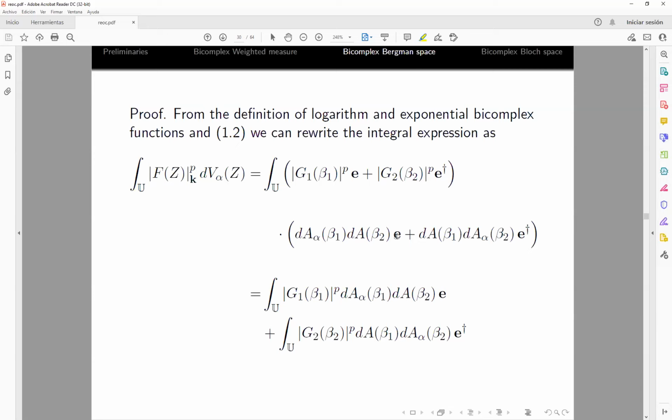It's necessary to recall that E times E is equal to E and E times E dagger is equal to 0. For this reason, when we make this multiplication, we get this integral. Here appears the weighted measure with respect to beta 1, and here is the normalized Lebesgue measure of the unit disk, and the same result in the second summand.